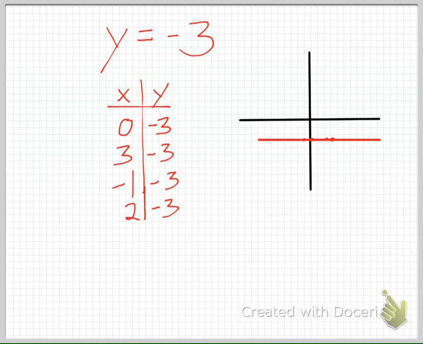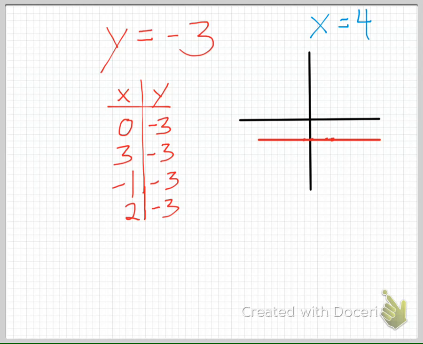So what if the equation was x equals 4? What do you think x equals 4 would look like? Kaylee? It would be 4 to the right, parallel.